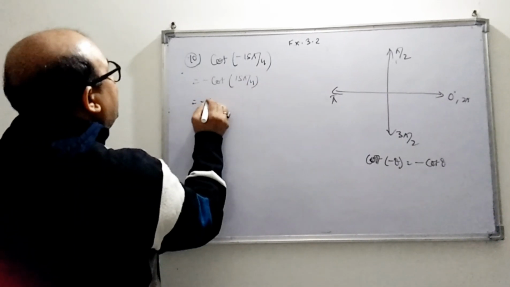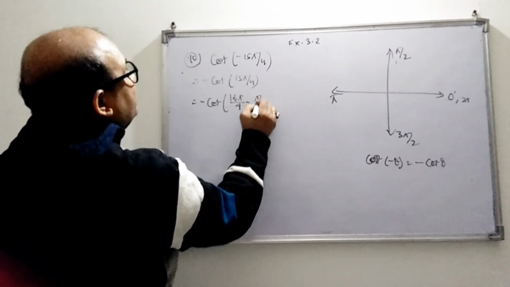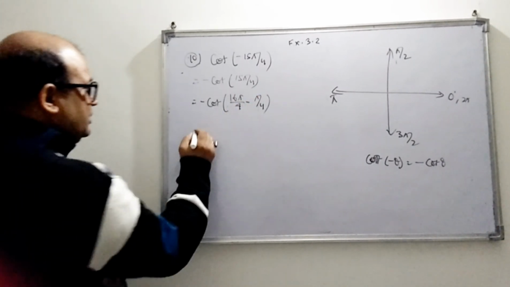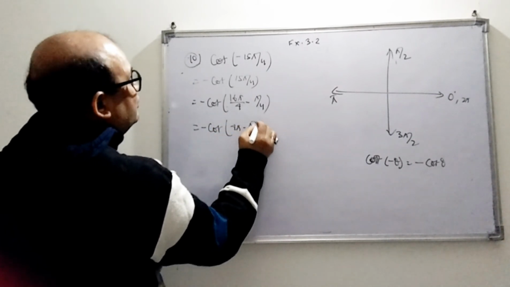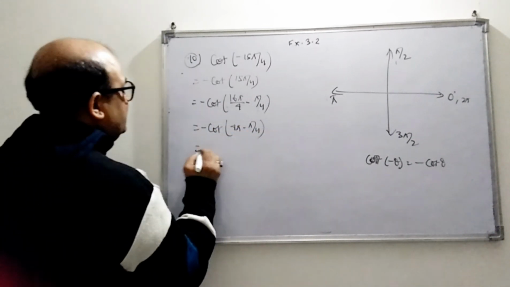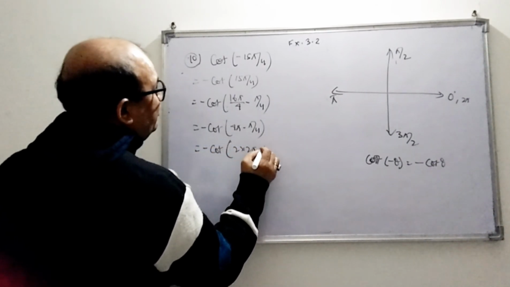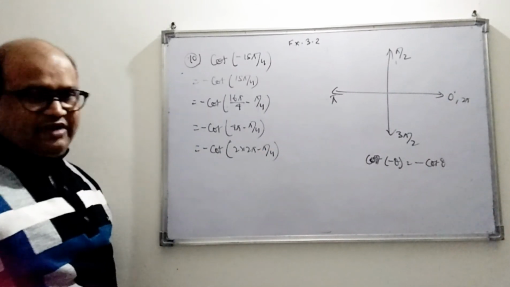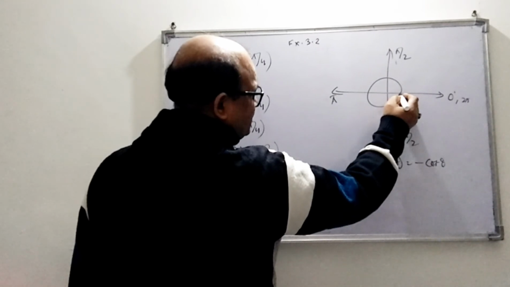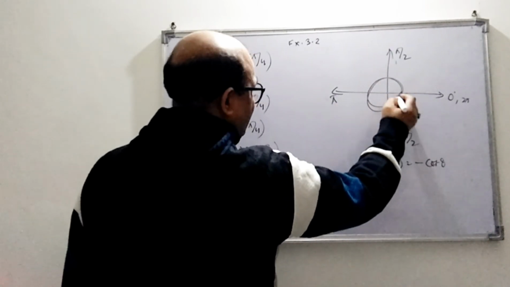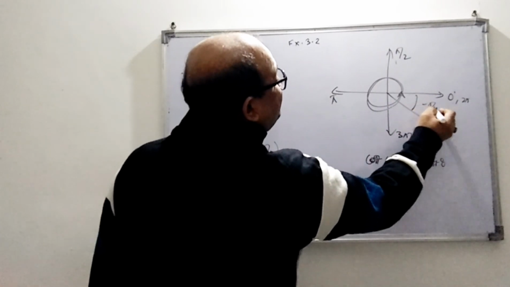This can be written as minus cot of 16 pi by 4 minus pi by 4, which is minus cot of 4 pi minus pi by 4. Now 4 pi is 2 into 2 pi: once 2 pi, again a second time 2 pi, minus pi by 4.